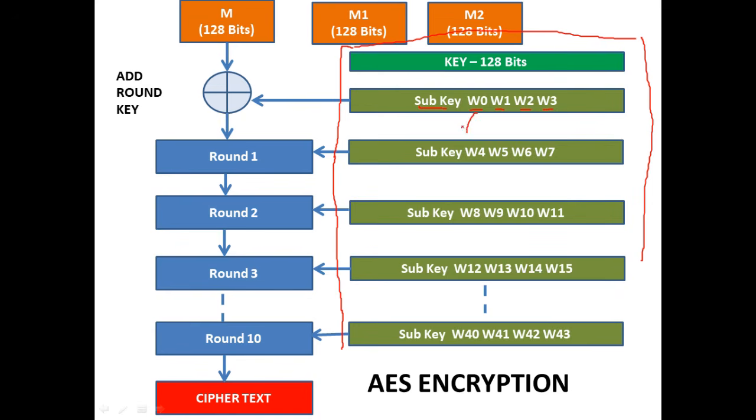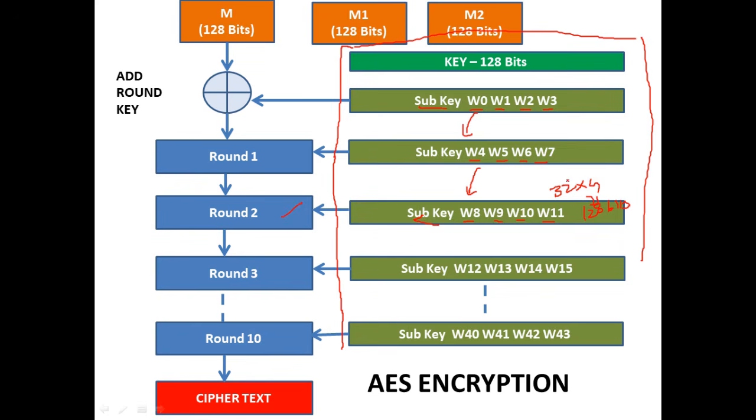From this we generate another subkey, word 4, word 5, word 6, word 7. From this we generate the next subkey, word 8, word 9, word 10, word 11. So 4 words will be used as a subkey for every round. This is nothing but 128 bits. Each word is 32 bits. 32 times 4 is 128 bits.